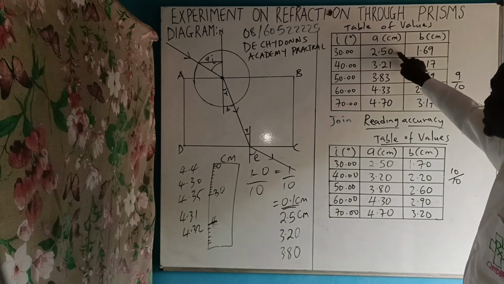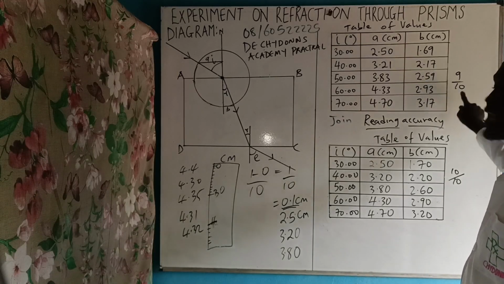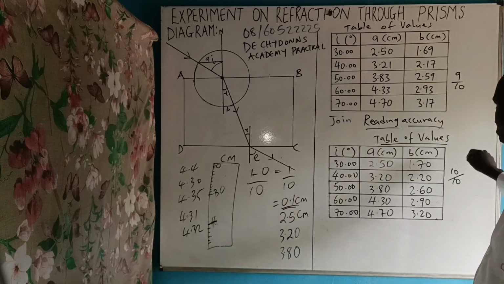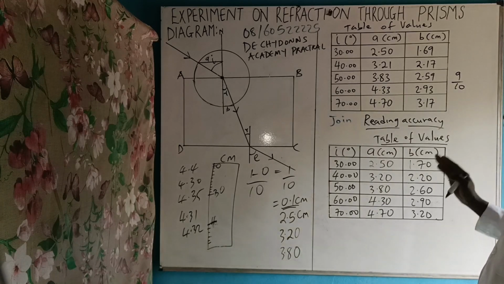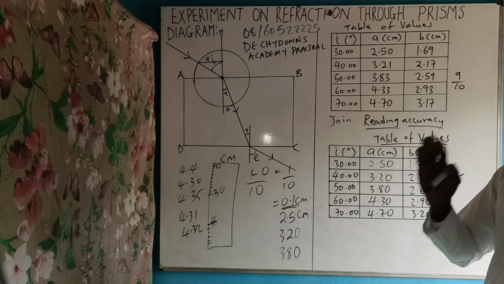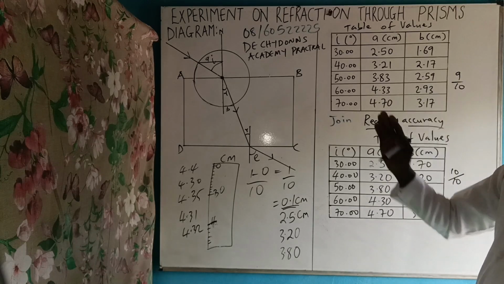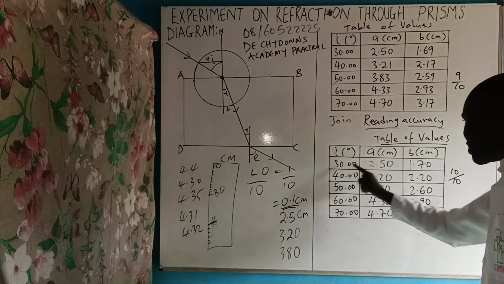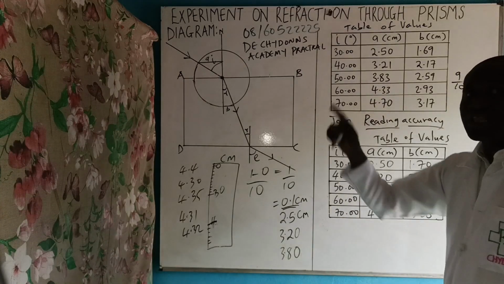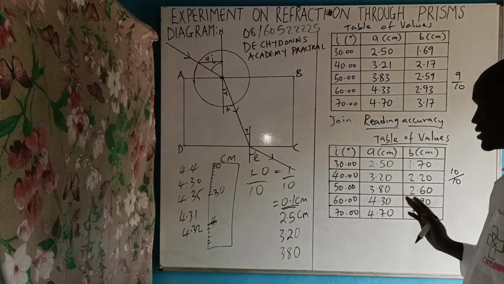When they don't see this, they will know you have to get 9 over 10. That 1 mark will be deducted from you. Are you getting it? That is why every one of my videos comes step by step. We have done how to get the table. We have done how to plot the graph. All this you just did here will not affect your graph. Yes, I'm just telling you.